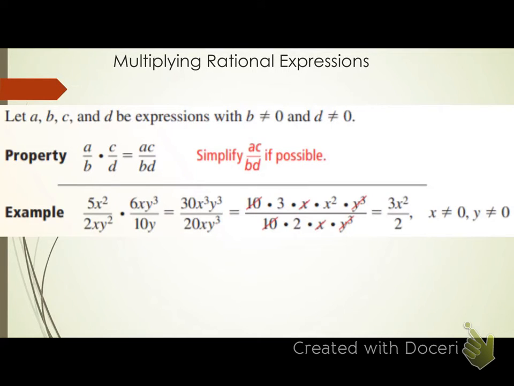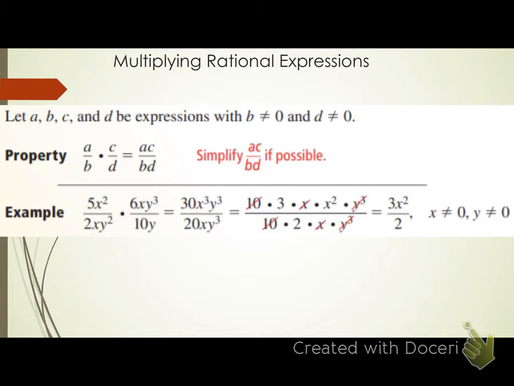Let A, B, C, and D be expressions with B not equaling 0 and D not equaling 0, because they're both in my denominator. So if I have A over B times C over D, that would just equal A times C over B times D. And then we simplify AC over BD if possible.